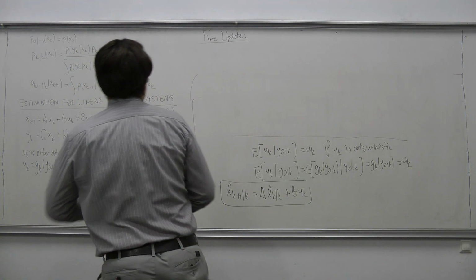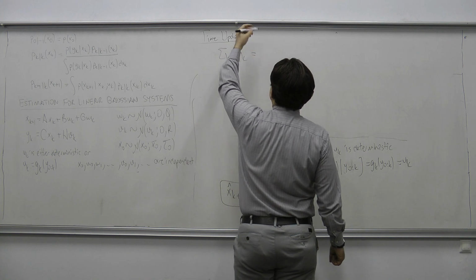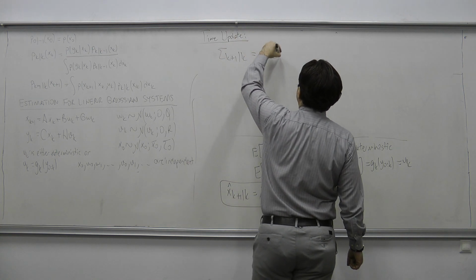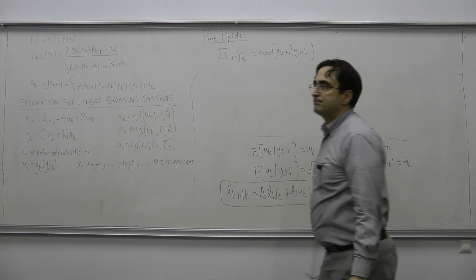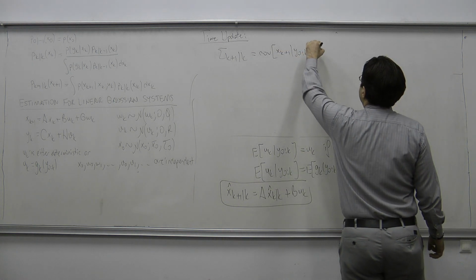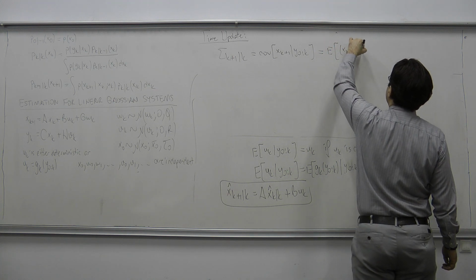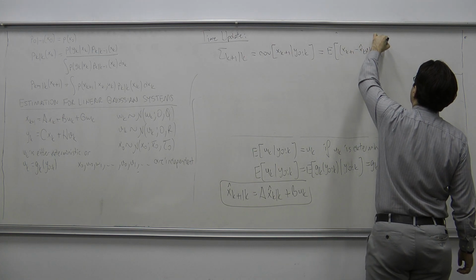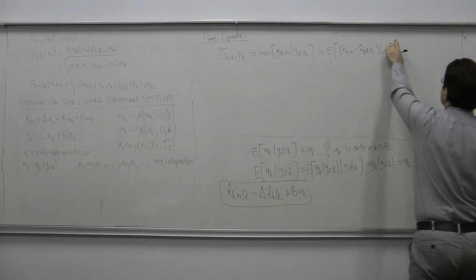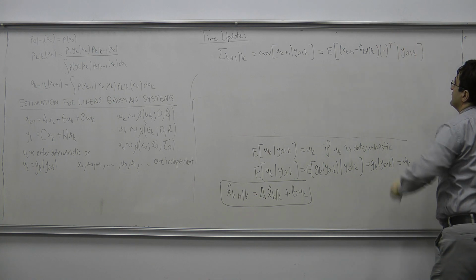So let us calculate that one. Sigma k plus 1 given k, this is by definition the covariance of xk plus 1 given y0k. Alright? And this is equal to the expected value of xk plus 1 minus x hat k plus 1 given k, times the same thing transposed, with the given condition y0k.